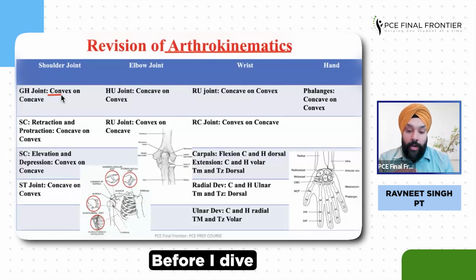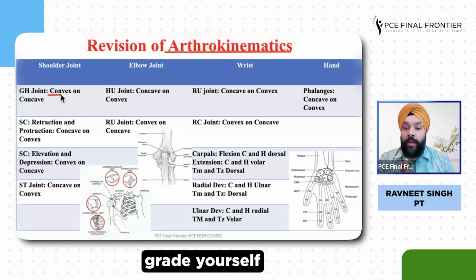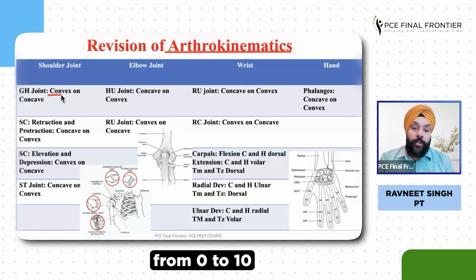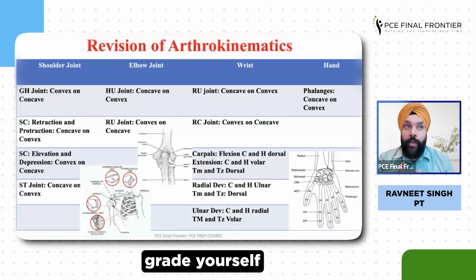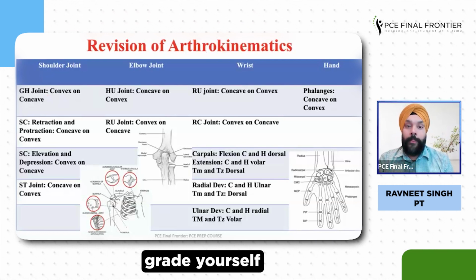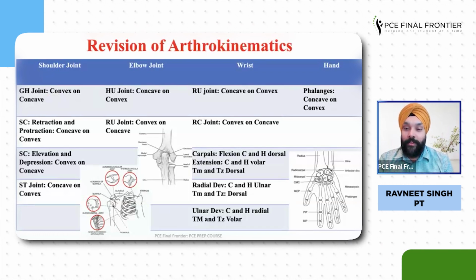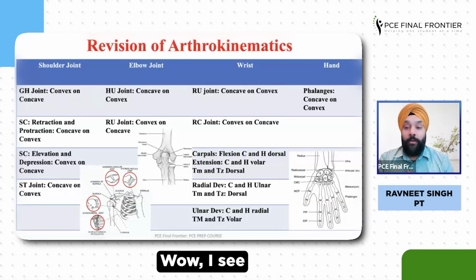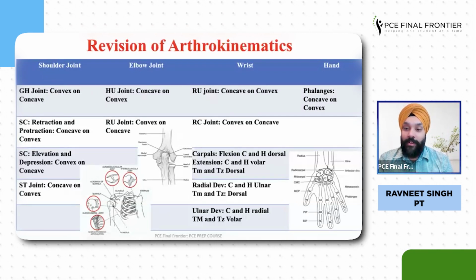You know what? Before I dive into different things, how do you grade yourself in MSK from 0 to 10? Or let's put it that way. How do you grade yourself in arthrokinematics? Wow, I see 10s and 8s. That's great. Love it.